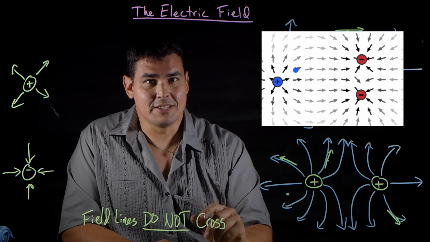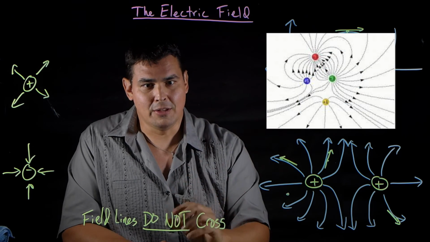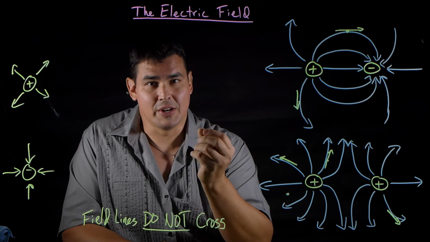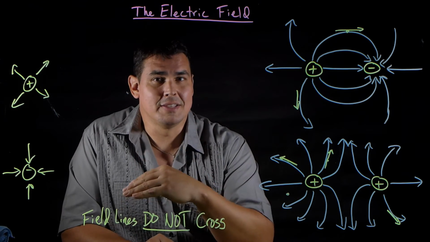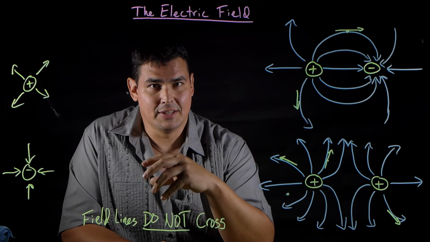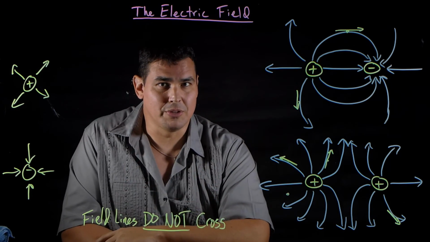So if you look at these examples, you can tell by looking at the field where it's stronger, where it's weaker, right? Because you can see the field lines are closer together or further apart. Even though there's multiple field lines in some of these, you can still tell where it's strong or weak. And then if you wanted to calculate how much the force would be at any point or the field, you could use one of the equations we showed, right?